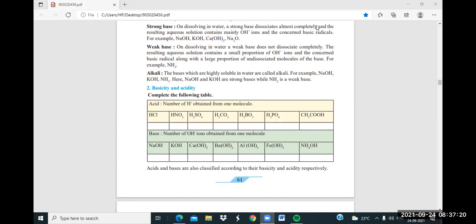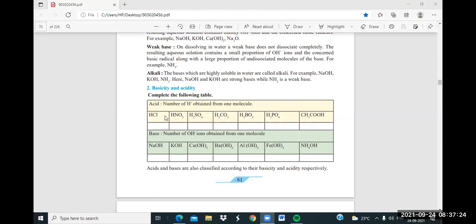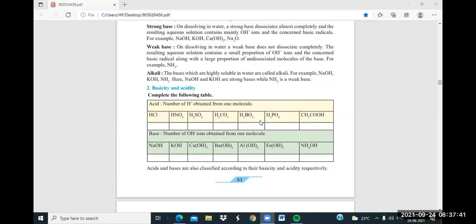About our human body I am speaking these things. About basicity and acidity, we have to see the number of H plus ions obtained from one molecule of an acid, that we have to find here. And in a base, the number of OH minus ions obtained from one molecule, you have to complete this chart. So first, HCl gives one H plus ion.